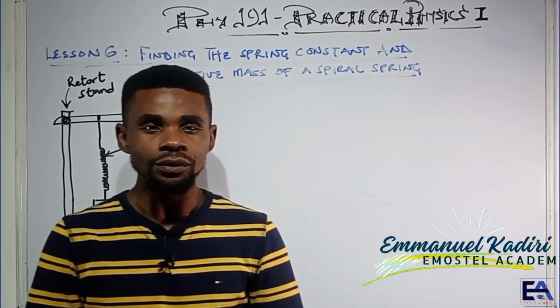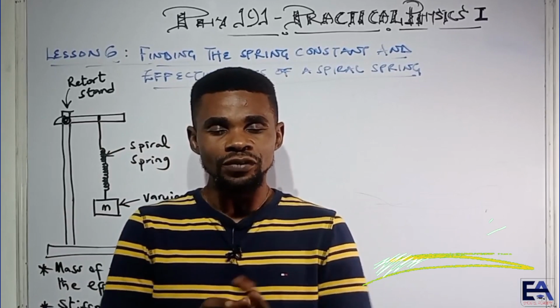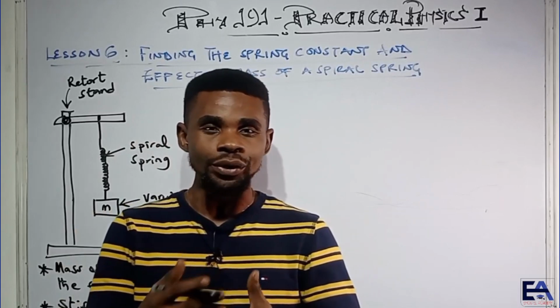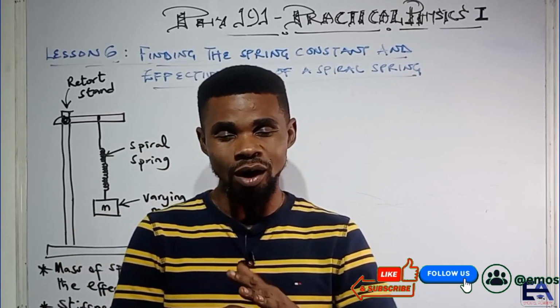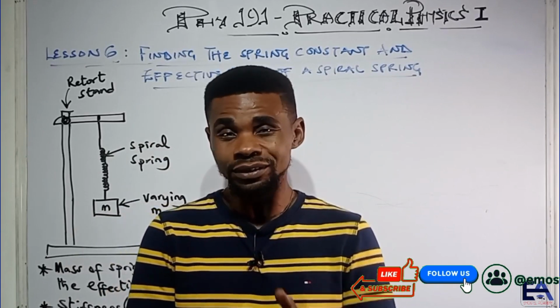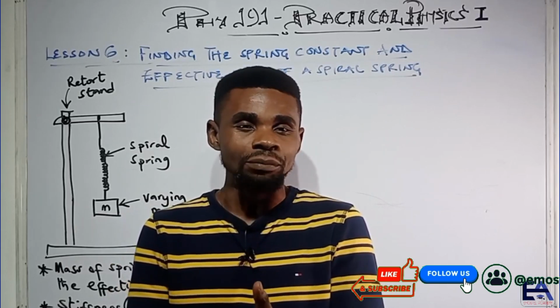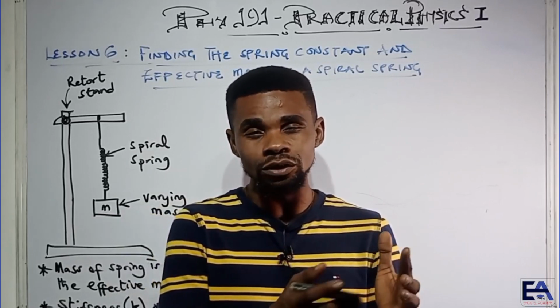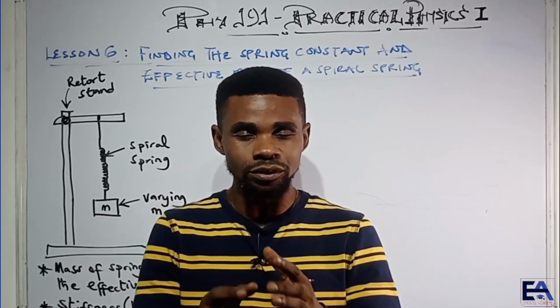In this tutorial, we are going to be discussing how we can find the effective mass of a spiral spring. We are still on the discussion of converting non-linear equations into linear equations, and also deducing some facts from them.